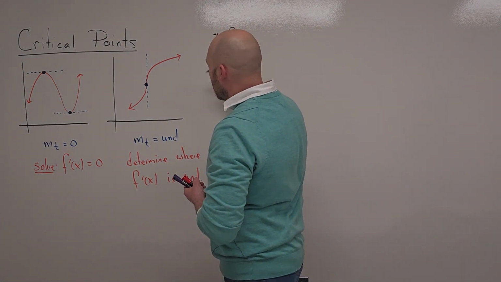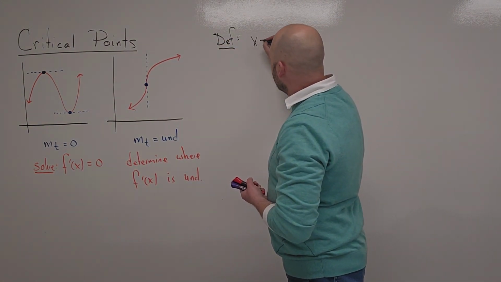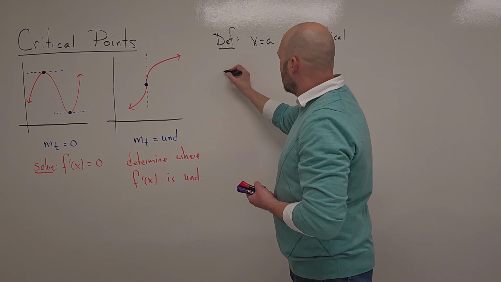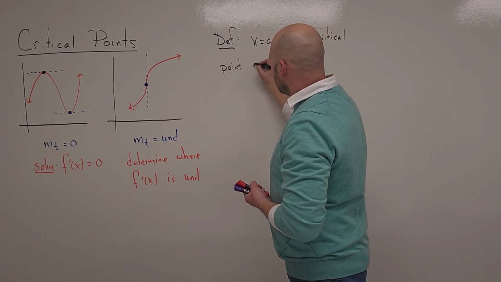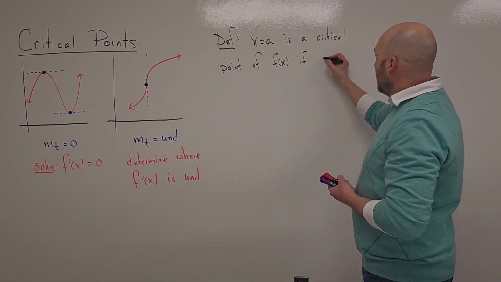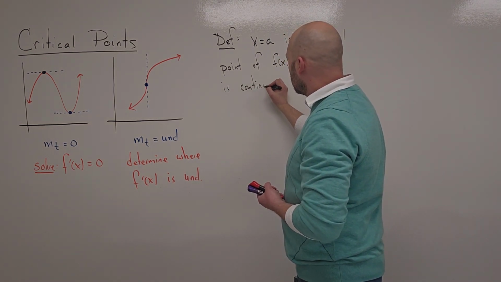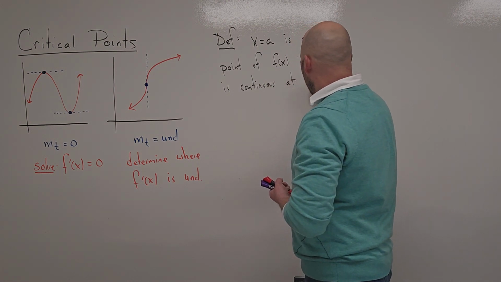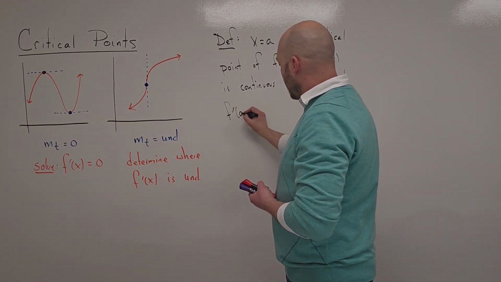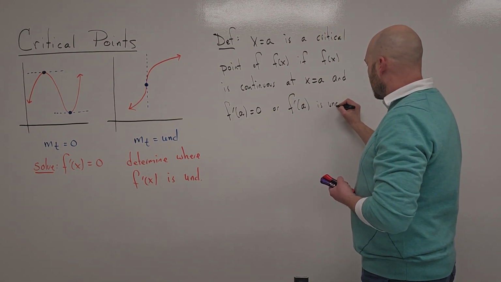So conceptually, this is what they are, but just to add a formal definition here. x equal to a is a critical point of f of x if f of x is continuous at x equal to a, and the first derivative at a is 0, or the first derivative at a is undefined.